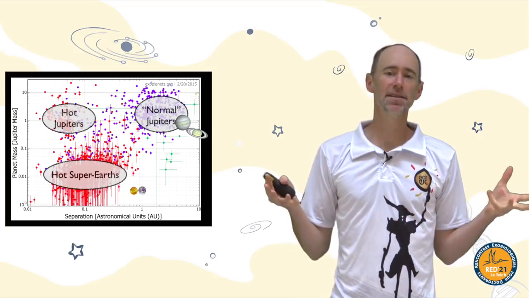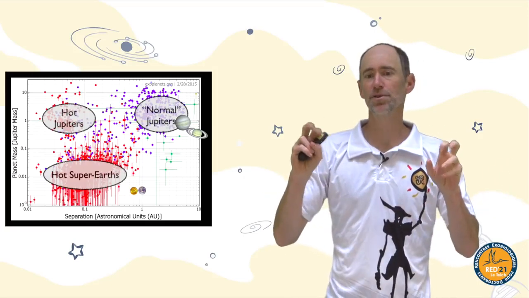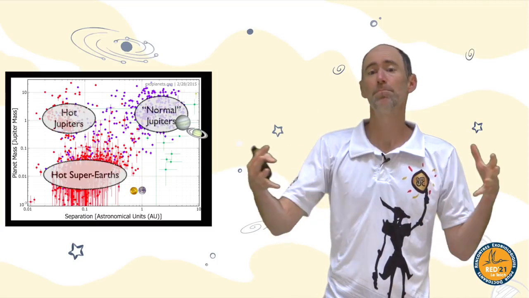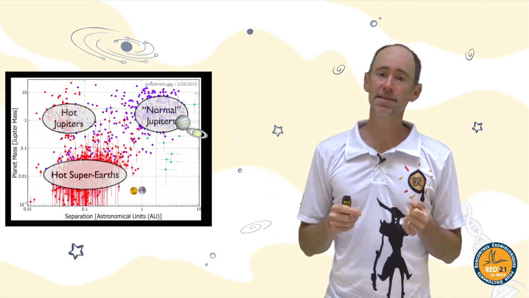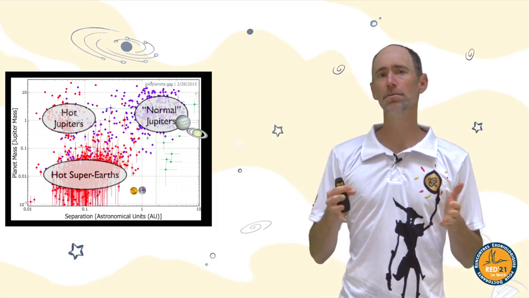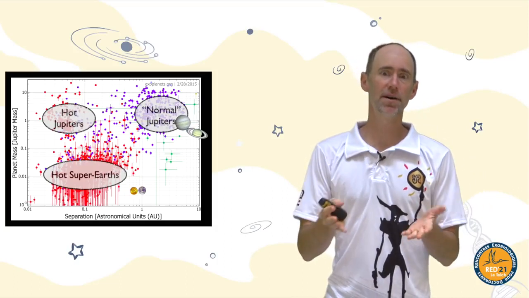Then at the bottom, there is this gigantic clump of what we call hot super-Earths. And they're also given other names. Sometimes they're called sub-Neptunes if you have a good constraint on just how puffy they are. And this class of planets is very abundant. Something like a third to a half of all main sequence stars have a hot super-Earth.